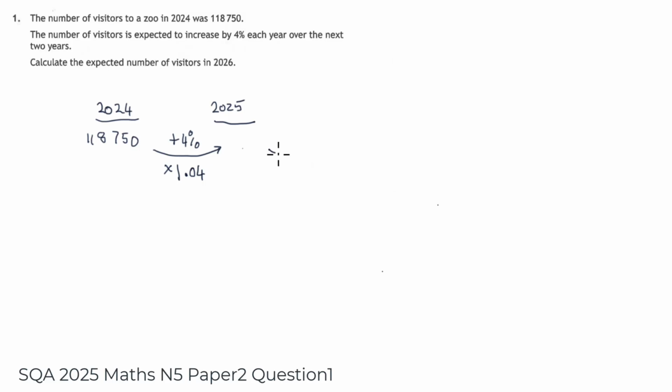And likewise, when we travel on to 2026, we have to take the 2025 number, whatever that is, and add 4%. In other words, take the 2025 number and multiply it by 1.04. And that will then produce the required figure.